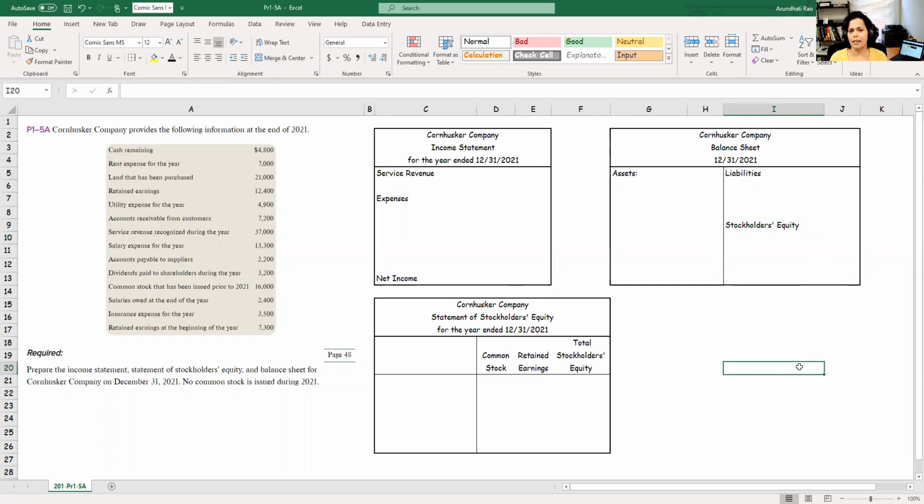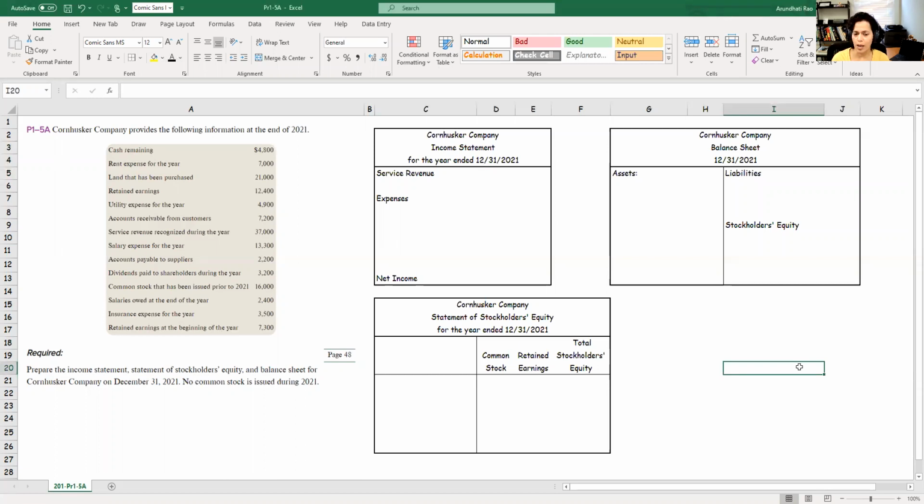So this is a skeletal form of every income statement, statement of stockholders' equity, and balance sheet. So for those of you who are very, very new to accounting, try and memorize this if you need to. We have three statements: the income statement, statement of stockholders' equity, and the balance sheet. The income statement and the statement of stockholders' equity are for a period in time.